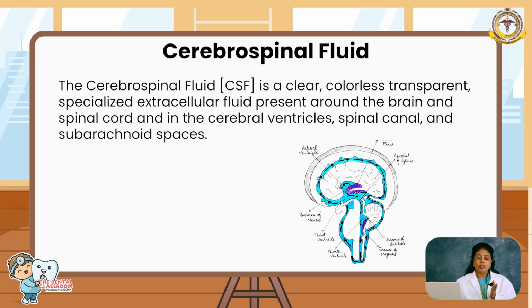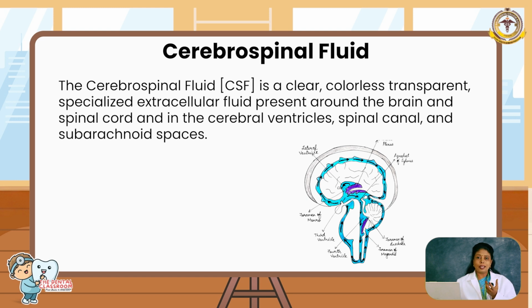So to sum up, we started with the CSF definition. It is a clear transparent fluid which circulates in and around the brain, and the site of secretion is the choroid plexus, and it circulates around the brain and spinal cord and is absorbed in the arachnoid villi, and the main function of CSF is to protect the brain and also help in the exchange of nutrients and removal of waste products.